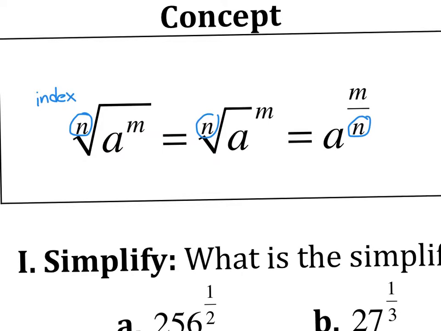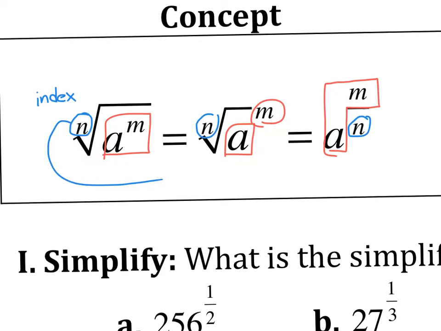If I were to say, here is a to the m power, which is the same as saying all of this to the mth power. But notice, a to the mth power is still right there. So all we're effectively doing is just taking the index and putting it as the denominator in the exponent.